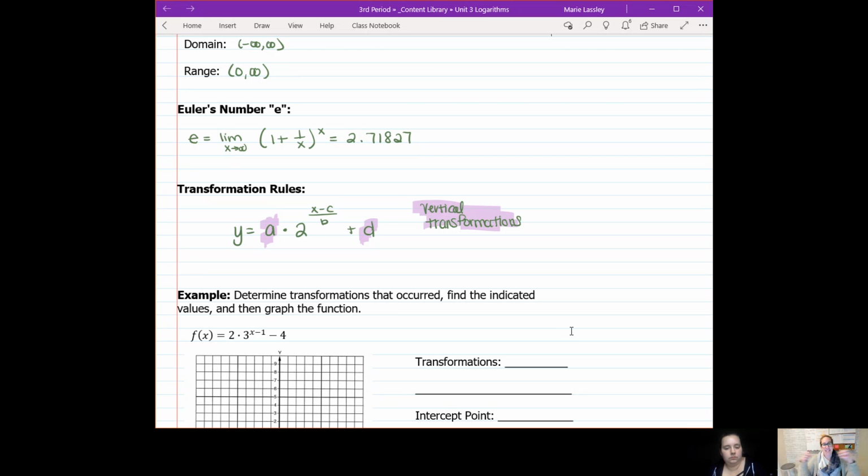And then everything that's inside of our function, those are going to be our horizontal transformations. So that's going to be your c and your b. So these are our horizontal transformations.